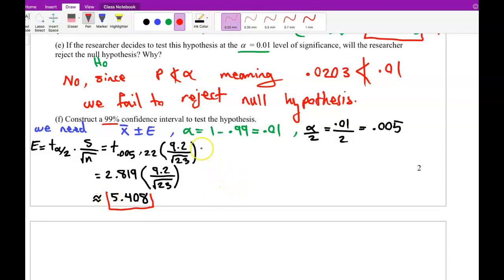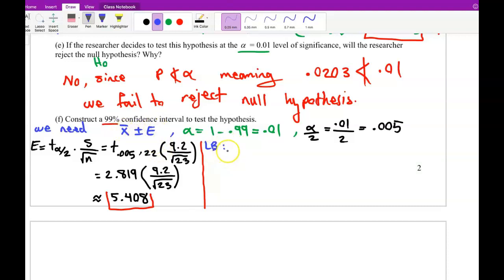Now we can find the lower bound and upper bound. For the lower bound we have x bar minus e. For the upper bound we have x bar plus e.